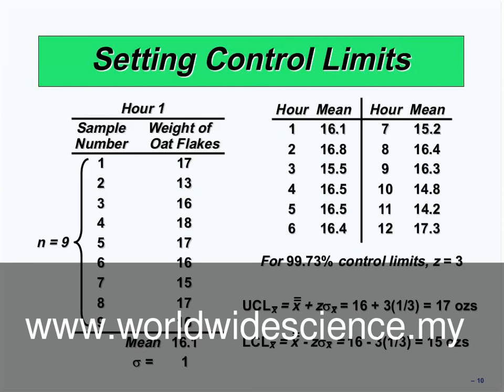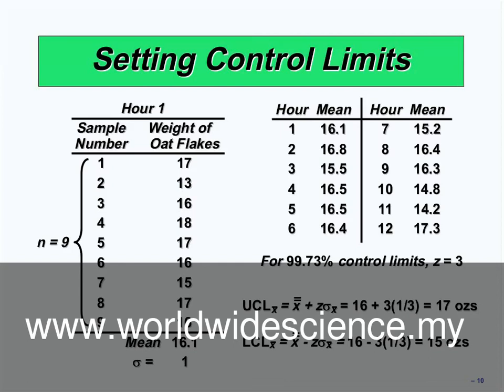In order to draw the chart, at first we need to calculate the upper control limit, or UCL. UCL is short for upper control limit, and LCL for lower control limit. The upper control limit is the maximum number, and the lower control limit is the minimum.